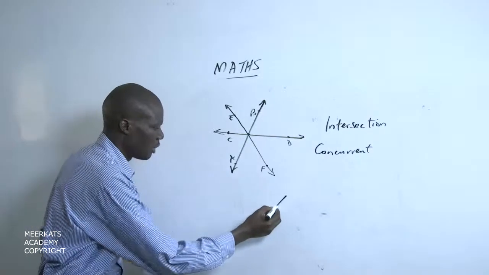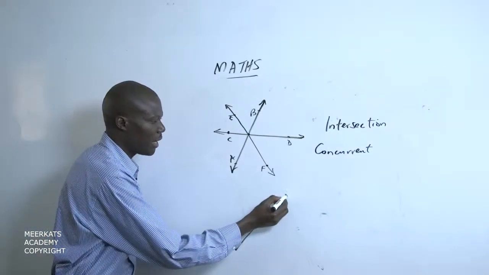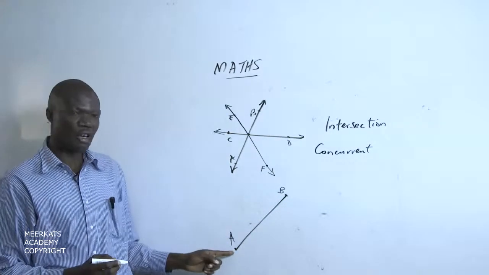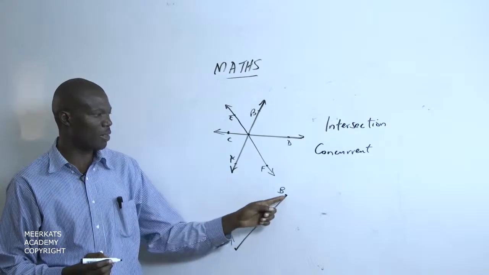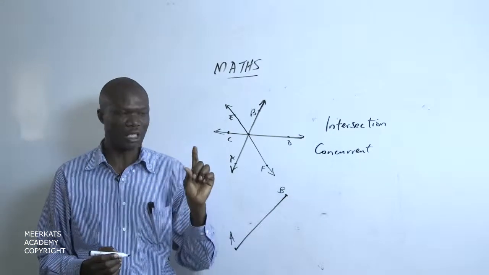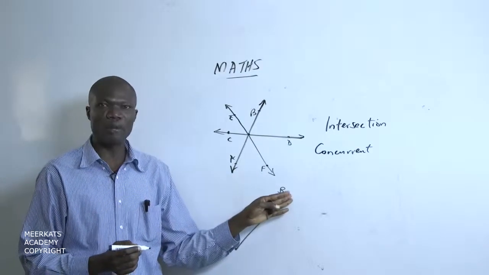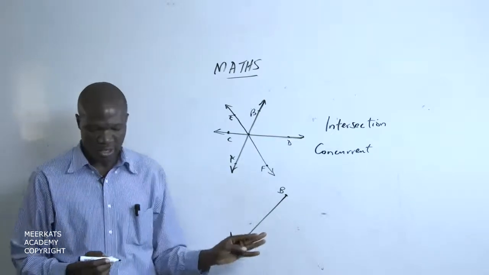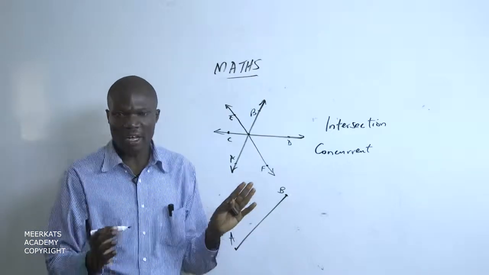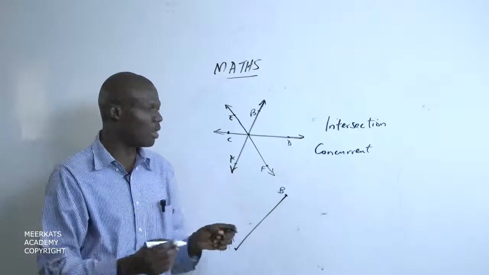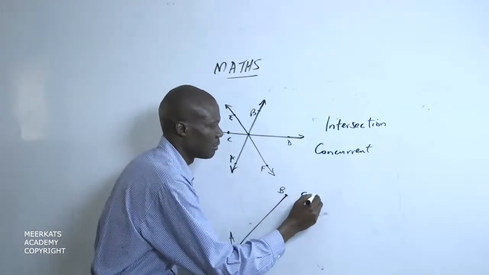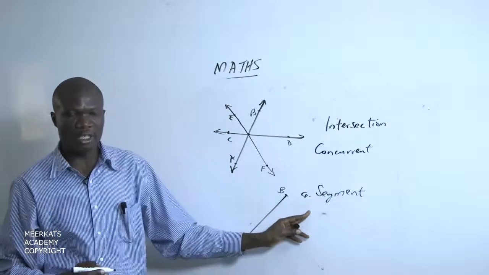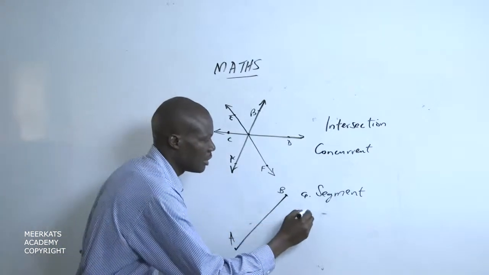We have lines that have endpoints. They don't extend. You will notice that we don't have an arrow at A, neither do we have an arrow at B. So it is an endpoint for B and an endpoint for A. So this line AB, because it has endpoints, we call it a segment, or an interval.